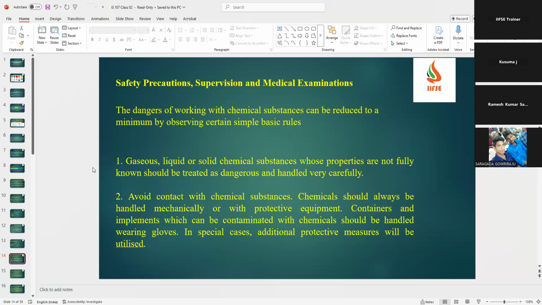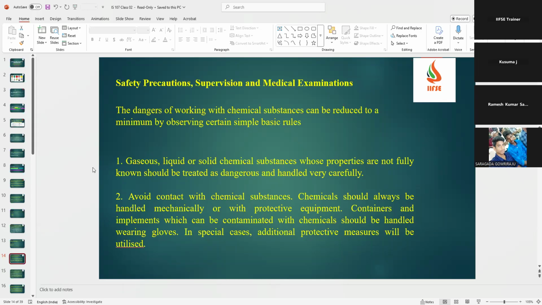You can treat it as corrosive, or you can treat it as flammable, or you can treat this as a multi-nature chemical. It means you can assume this chemical has a corrosive nature, toxic nature, and also flammable nature, whenever you do not know. And avoid contact with chemical substances.